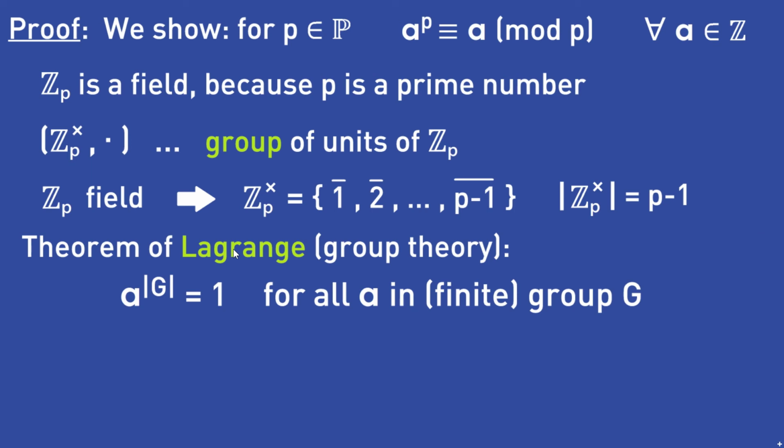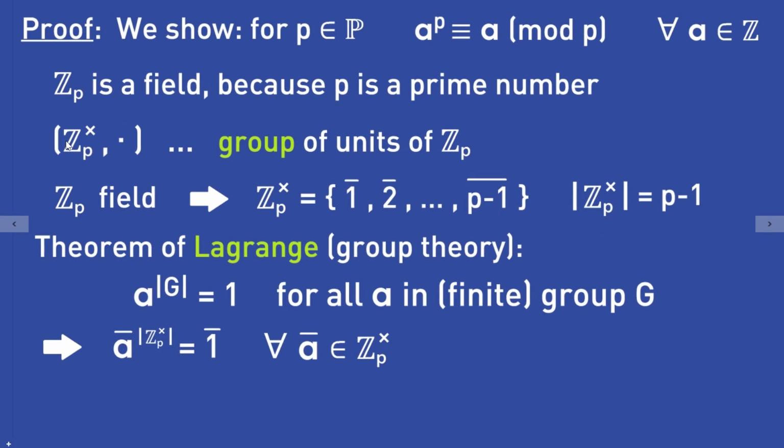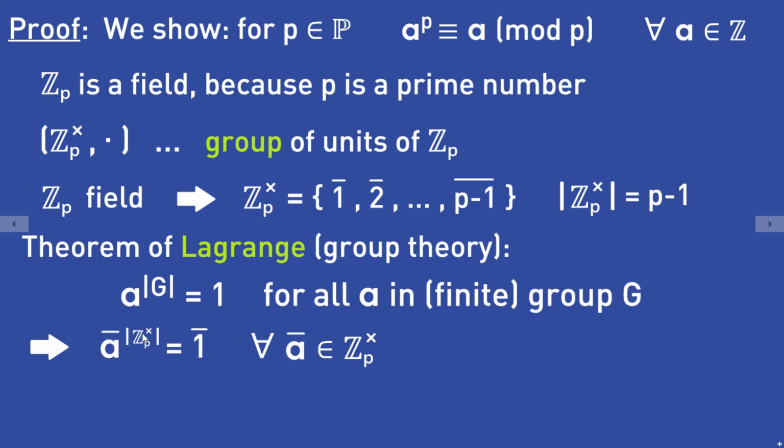One of the statements of that theorem is that a to the power of the group order of some finite group is equal to 1, where 1 is the unit element of that group, for all elements a in the finite group G. If we use the theorem of Lagrange on the group of units Z_p cross, we get that a to the power of the order of Z_p cross is equal to 1 for all elements a in the group of units Z_p cross.